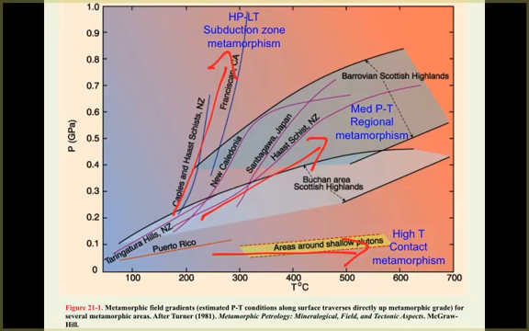And I also pointed to these two areas, the Barrovian Scottish Highlands and the Buchan area of the Scottish Highlands, as being the original place where the index minerals for regional metamorphism were defined.